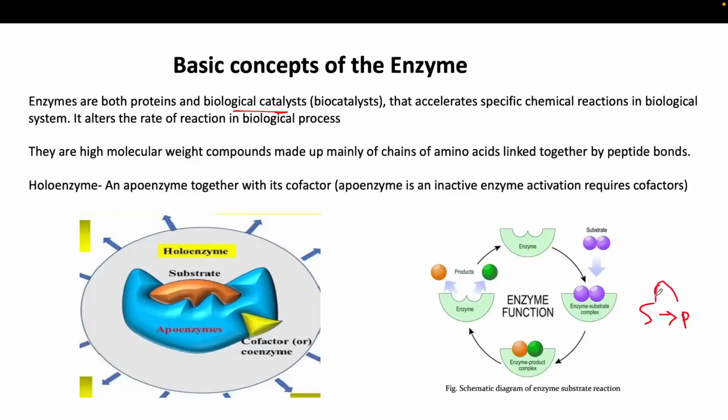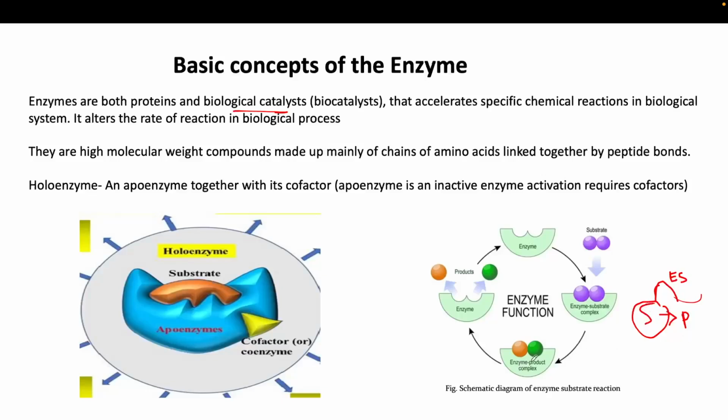Once the enzyme participates in the chemical reaction, after binding with the substrate it makes the ES complex, which stabilizes this complex, lowers the transition state energy, and quickly converts the substrate into the product.